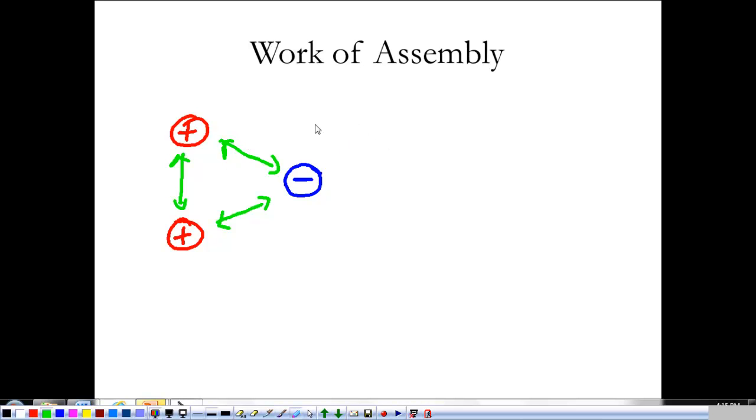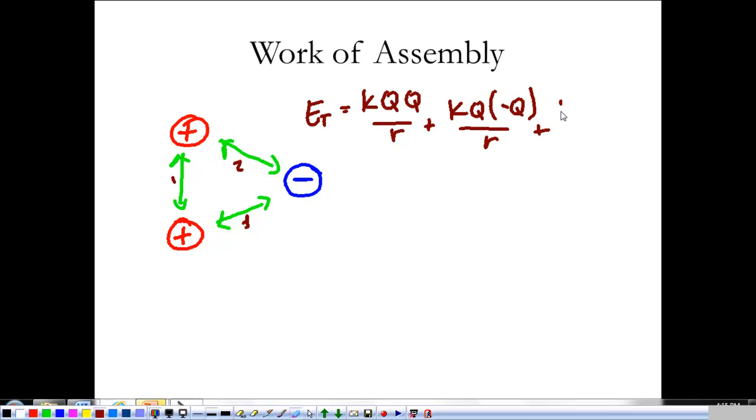There are 3 different interactions that we have to deal with. So our total energy stored in this system is 1, 2, 3: K times Q over R plus K times Q times negative Q over R plus K times Q times, again, negative Q over R.